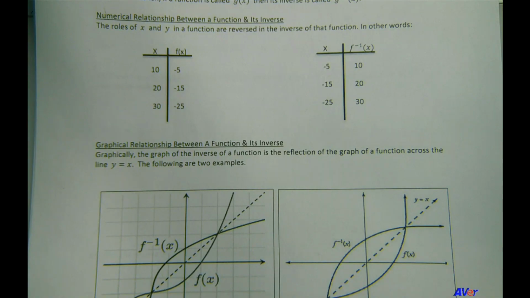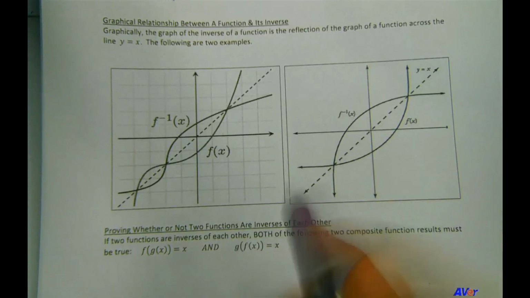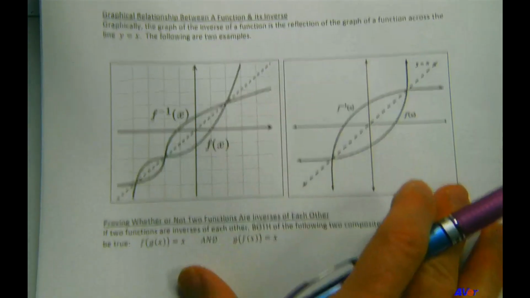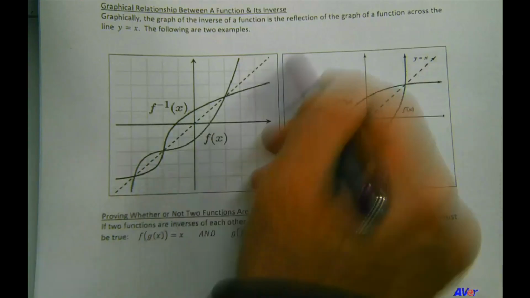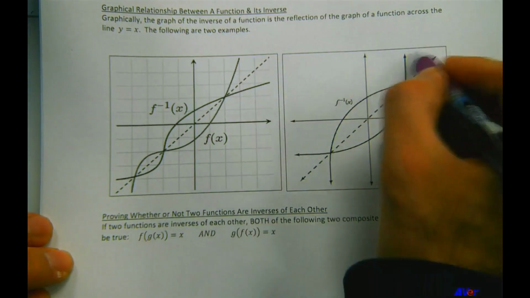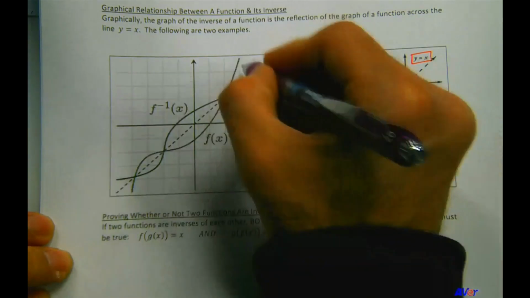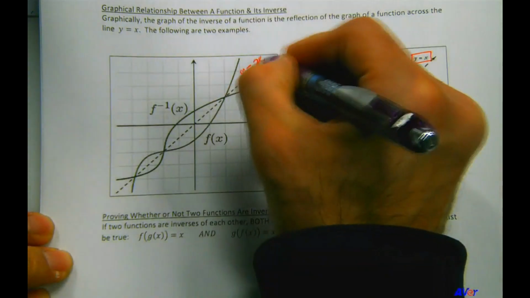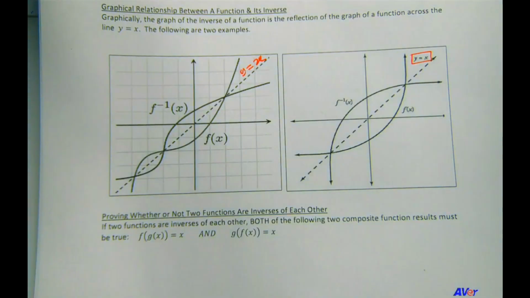So how does that look graphically then? First of all, I want to attract your attention to the dashed line that you see. That dashed line is the line y equals x. As a matter of fact, you can see it here. It's tiny right there, so let me write it a little larger here. That dashed line is y equals x. Why is that important?